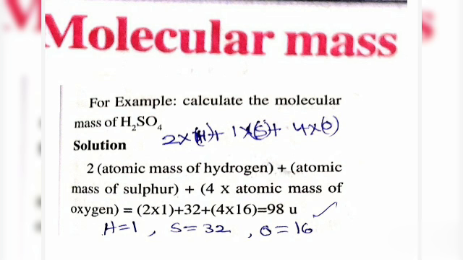Atomic mass of hydrogen is 1, carbon 12, nitrogen 14, oxygen 16, sodium 23, magnesium 24, aluminum 27, phosphorus 31, sulfur 32, chlorine 35.5, potassium 39, calcium 40. These atomic mass values can be used to calculate the molecular masses.